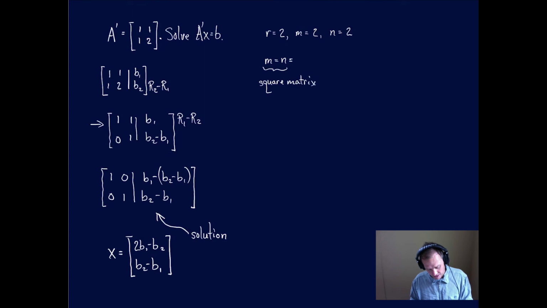And when you add that M equals N equals R, then we have a full rank matrix, which also means that AX equals B has one solution.